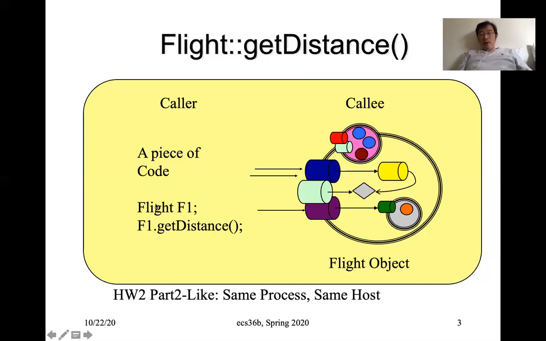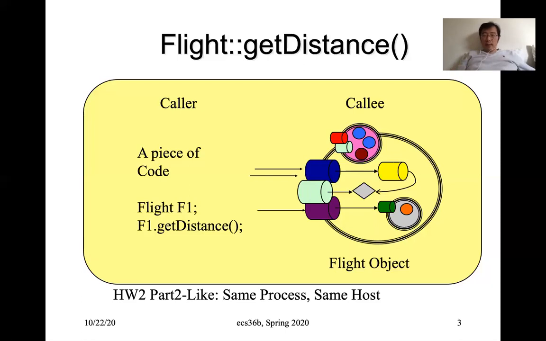We create an object called Fly f1, and then we say f1.getDistance, which the linker and compiler will link to the entry of the member function for Flight getDistance, and then this call will be served in this manner. So this is homework 2.